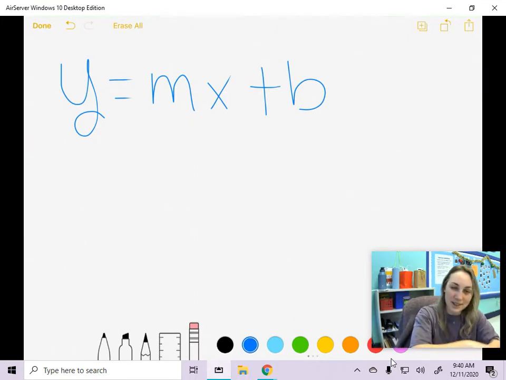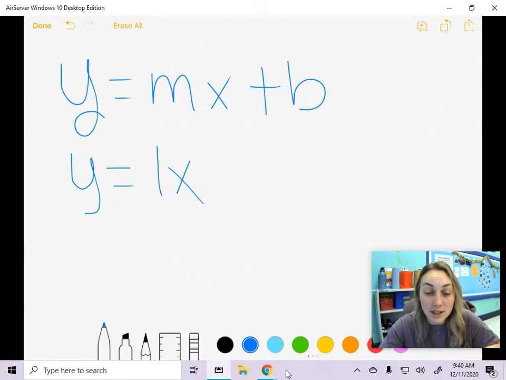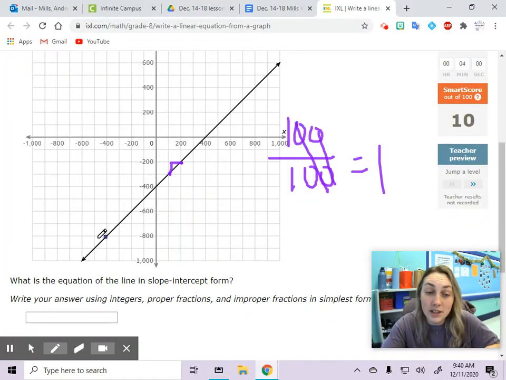So I'll put this in here. y equals 1x. Now we have to find the y-intercept. Again, the y-intercept is where our line crosses the y-axis, and this is the y-axis. If I'm following the line, it crosses the y-axis at negative 400. So that's going to be our y-intercept.